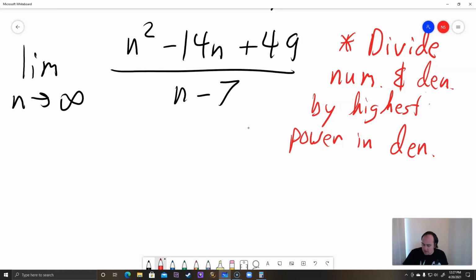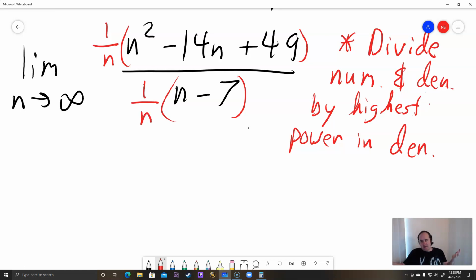So we're going to be dividing the top and the bottom by n, which is the same as multiplying the top and the bottom by 1 over n. Then we distribute the 1 over n on both the top and the bottom.